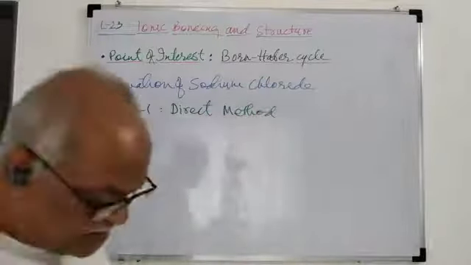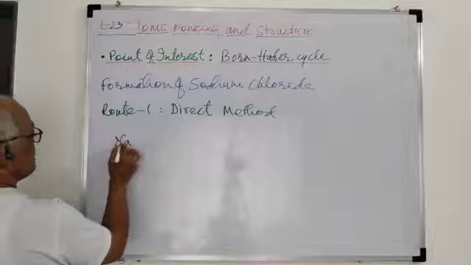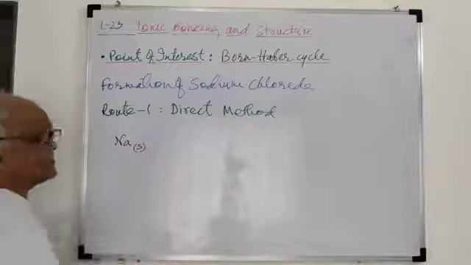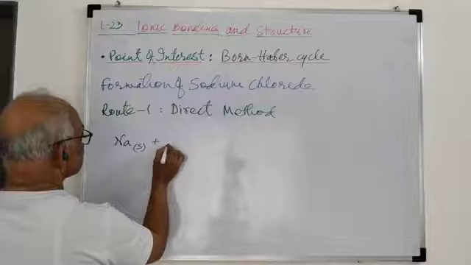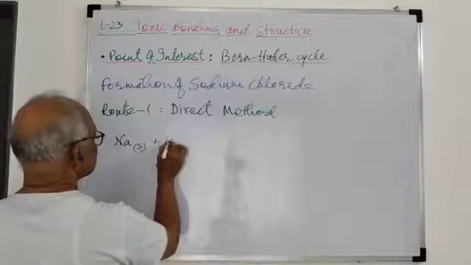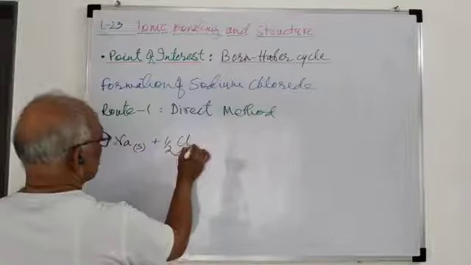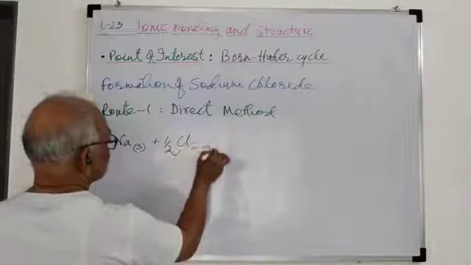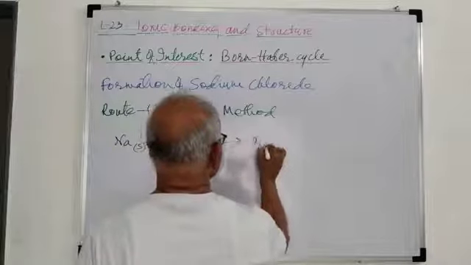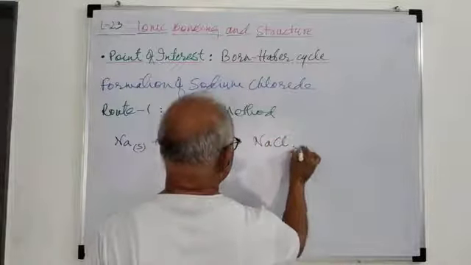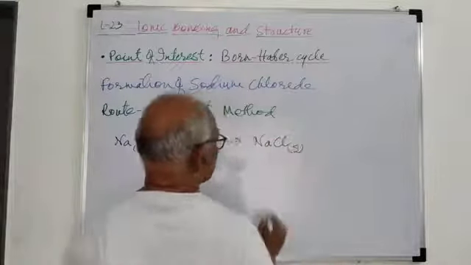What is this direct method? Here we are taking sodium metal in solid state. It is reacted with chlorine gas, Cl2 gas in molecular state, and gives NaCl solid.